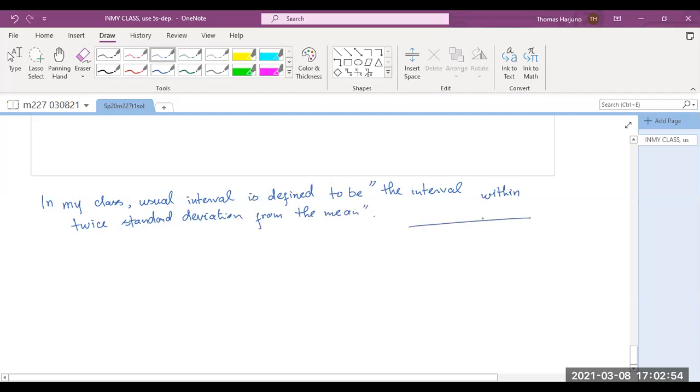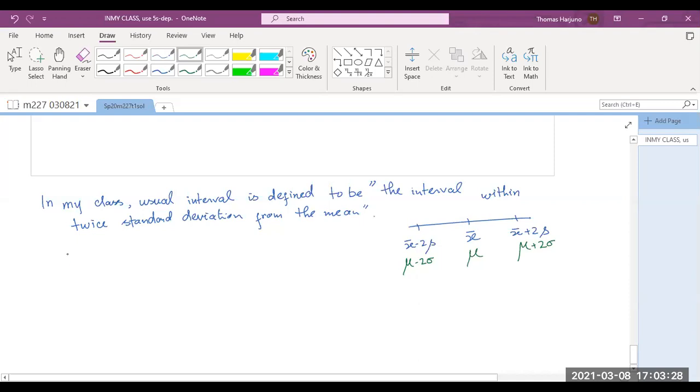So let's say we have a sample, it will be from the sample mean minus twice standard deviation up to sample mean plus twice standard deviation. That's for the sample case. Or if you have a population case, that will be from mu minus twice standard deviation up to mu plus twice population standard deviation. That's in my class. Now this is what we do.